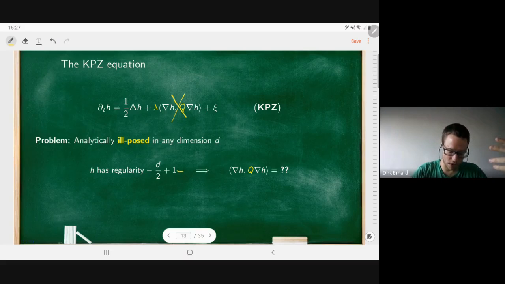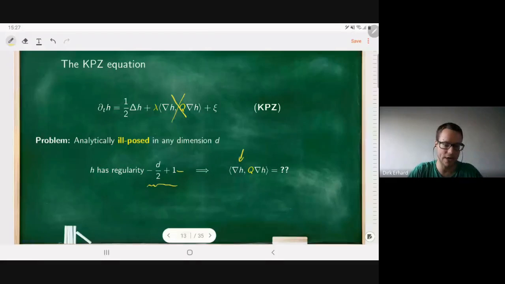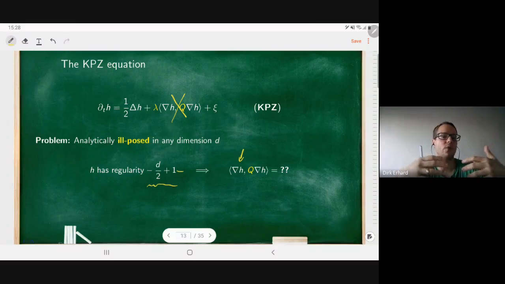However, already in dimension 1, where this is essentially 1/2, the regularity of the gradient would be minus 1/2. And now there's a general theorem from analysis which tells you that if something has negative regularity, then there's no way of squaring it in a natural way. It's not that we don't know how to square it; it's a result that there's no canonical way.